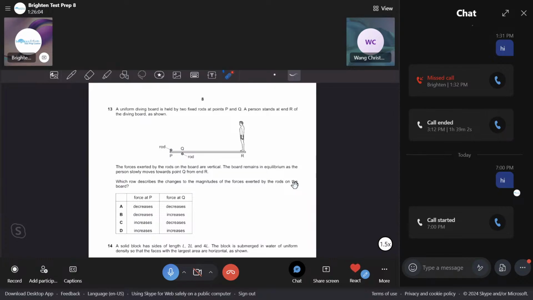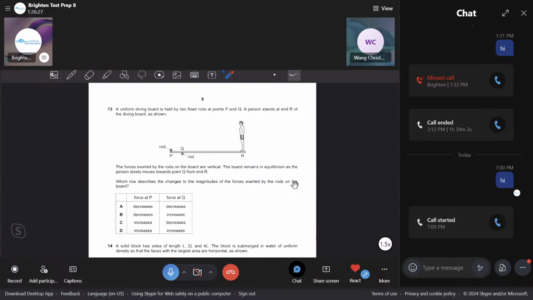What will happen to the force at P as the person moves from Q to R? So obviously it goes out here. I think it's easier to focus on P first.